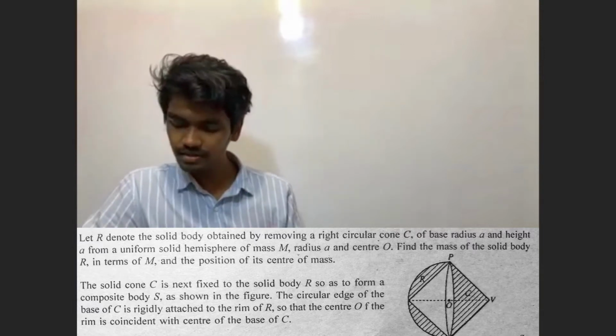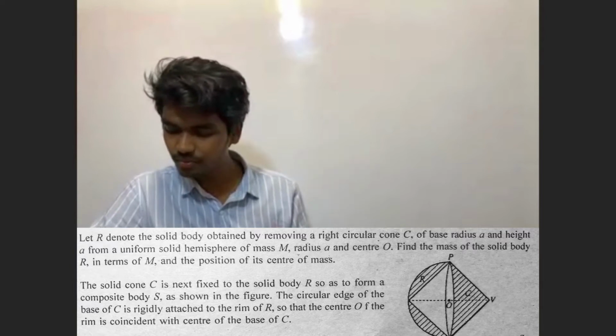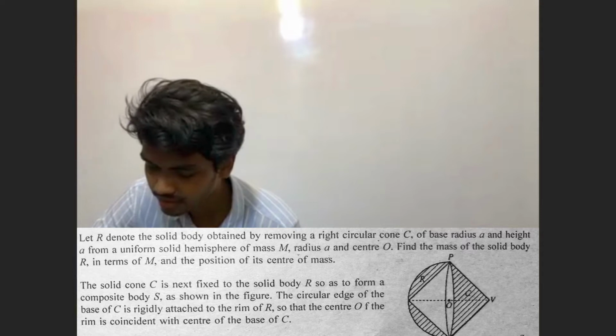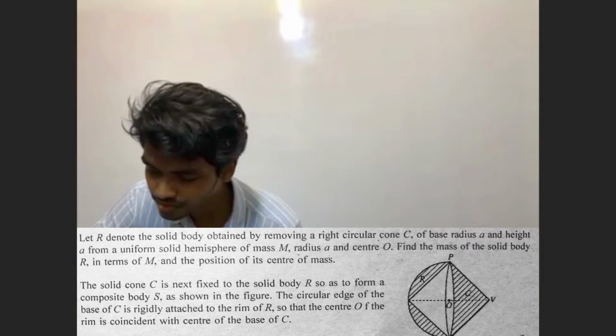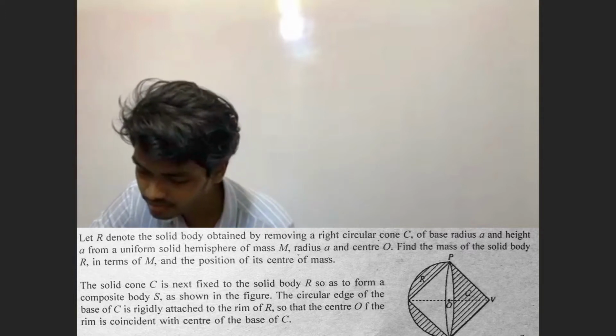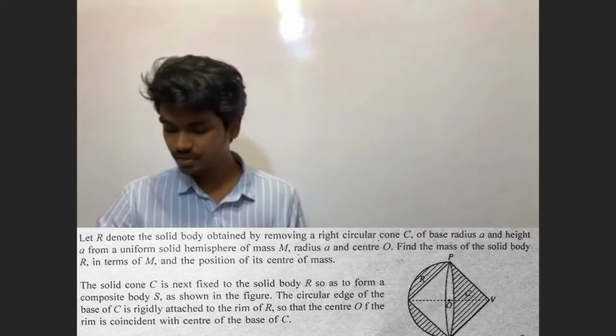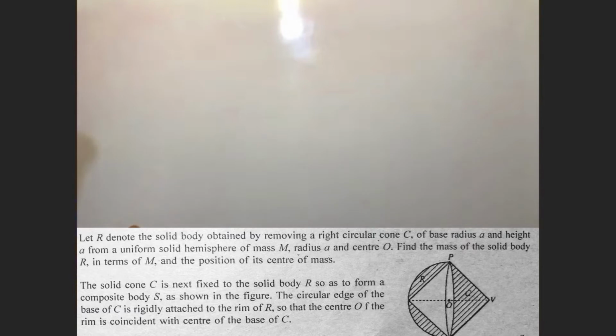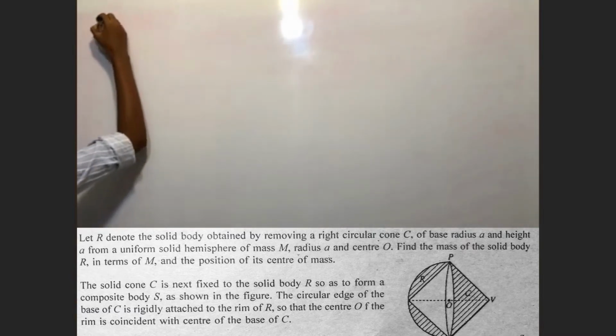First of all, they say let R be the solid obtained by removing a right circular cone. Okay, so this is the question, 2015, the 16th one.